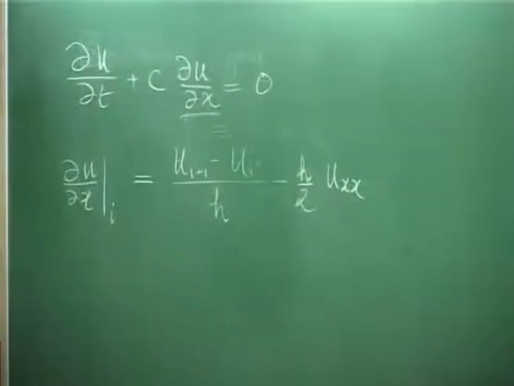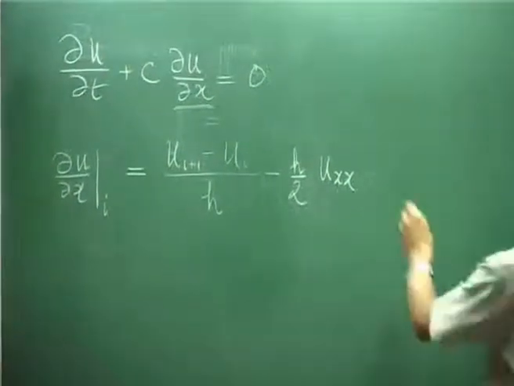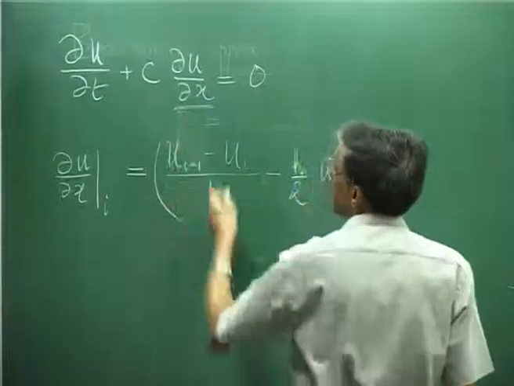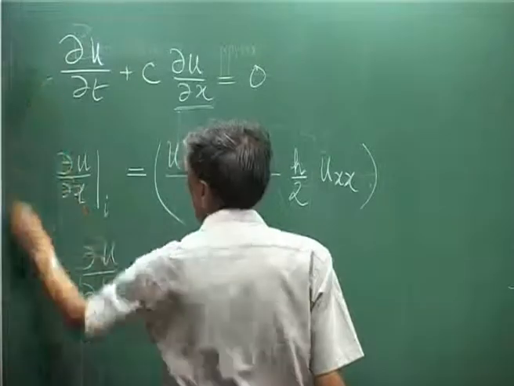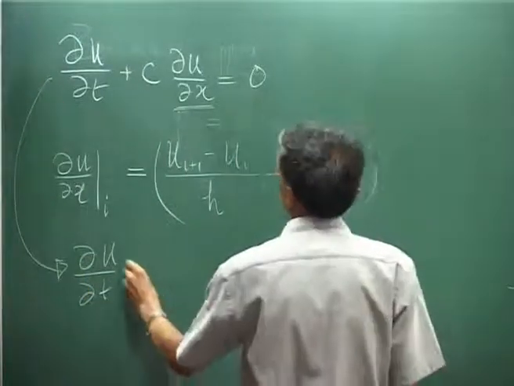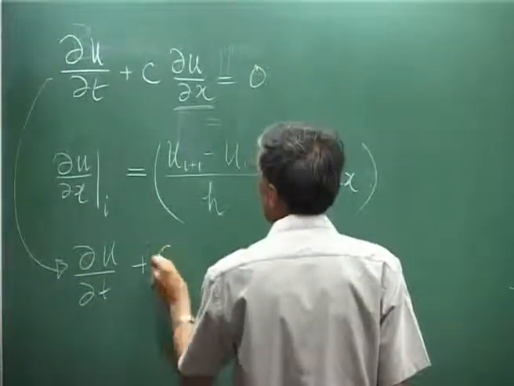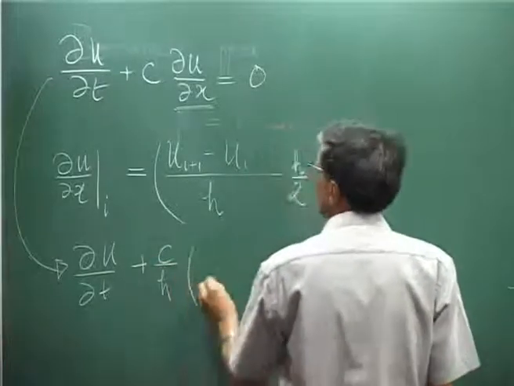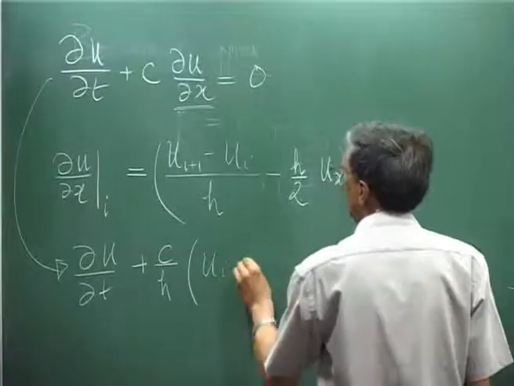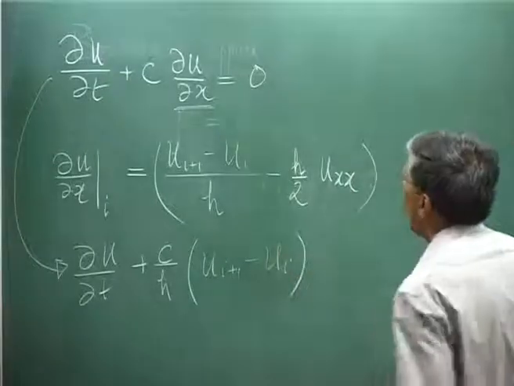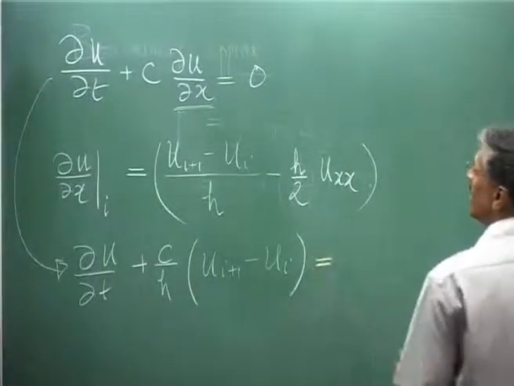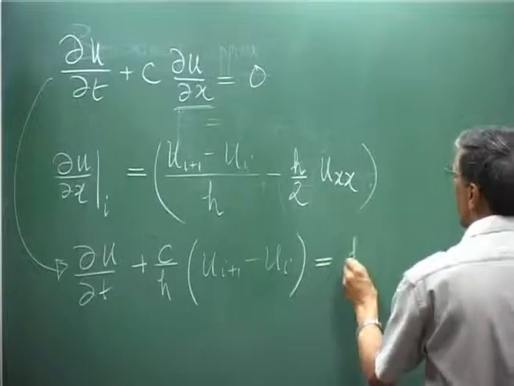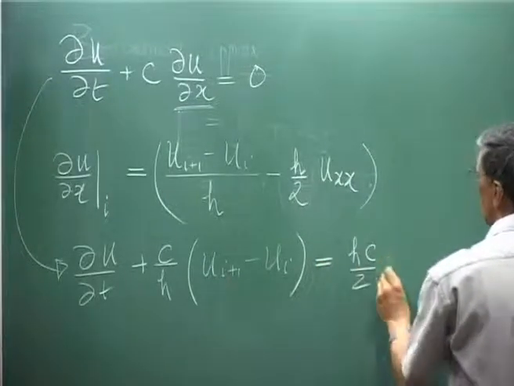Now if I substitute it there, then I will be writing it like this: c by h, and I can post it on the right hand side, and then I will get h c by 2 u x x.